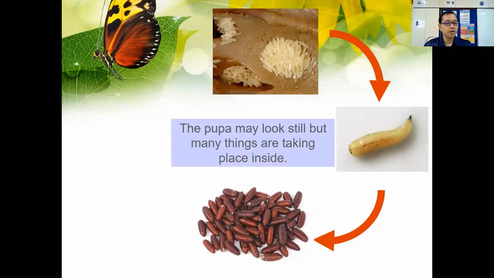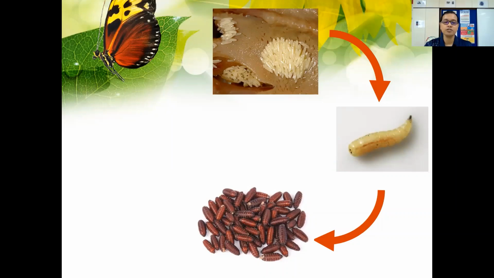The pupa may look still, but many things are taking place inside. It's actually quite a wondrous process, this metamorphosis, especially when we talk about silkworms later on, which we're going to discuss in just a while.